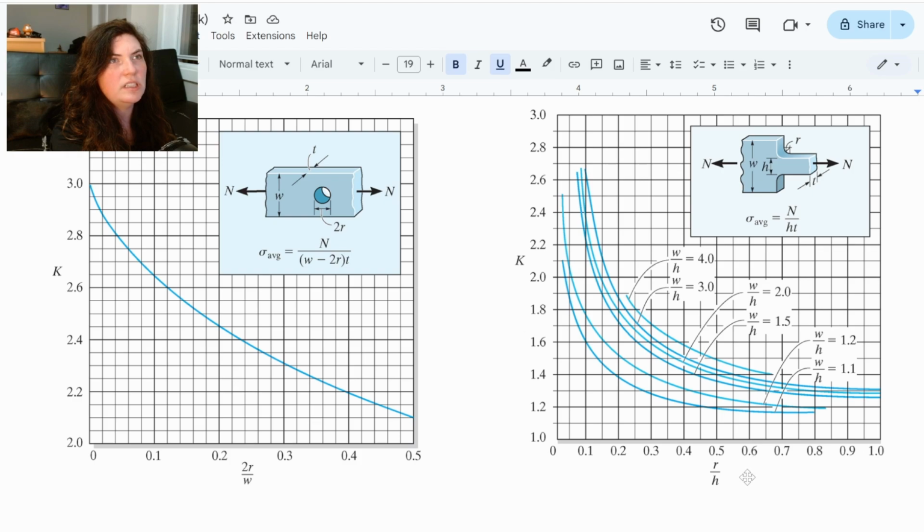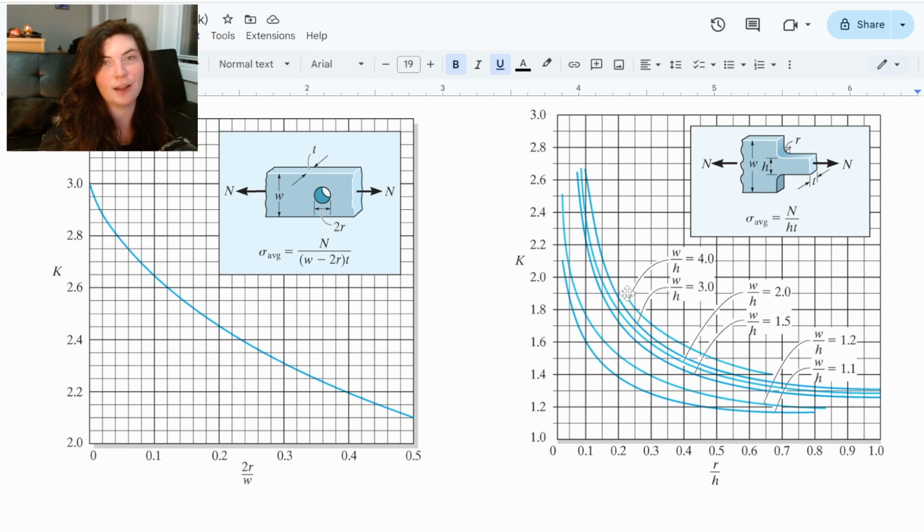And I'm going to need two different values. I have this R over H on my x-axis along the bottom. But then you'll see I've got a bunch of different lines. And if you've taken thermodynamics, you're used to seeing these charts with multiple lines on them.